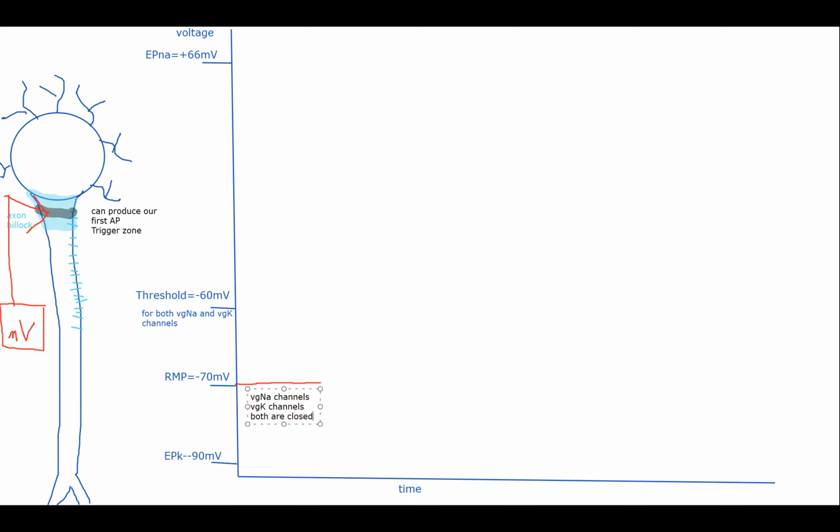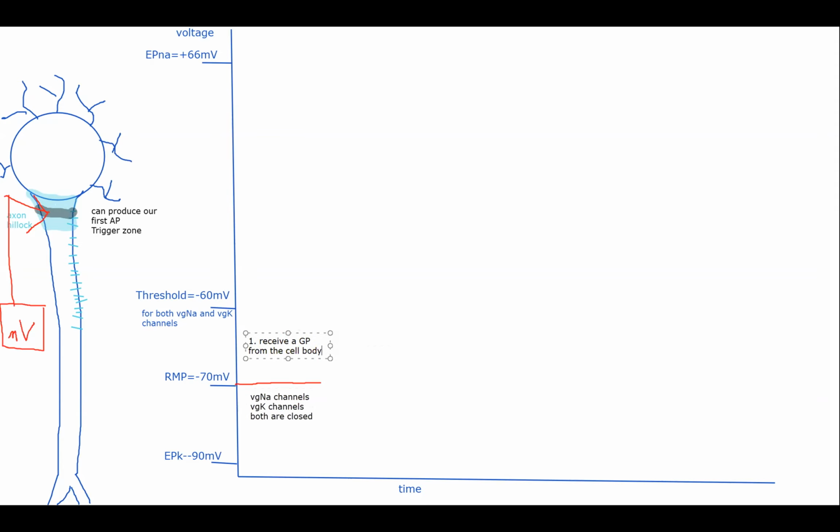Excellent. So the first thing that needs to happen, and let's go ahead and write this here, is that we receive, and I'm going to abbreviate it, graded potential from the cell body. And I'm going to write cell body, but remember it could have come from the dendrite as well.